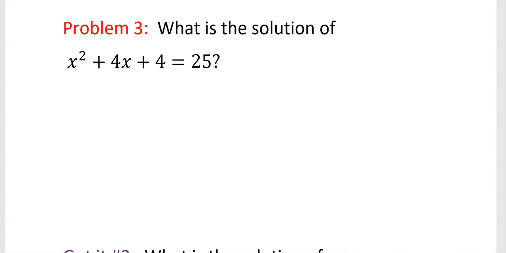So since we have an x squared term and an x term, let's bring the 25 to the left. Now, when you think of factors of negative 21 that add up to 4, do we have any of those?